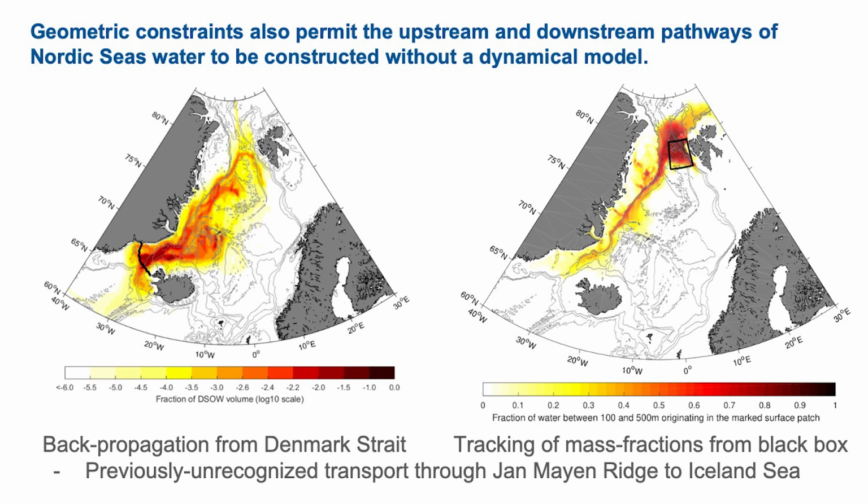There's basically an offshore pathway, offshore of Greenland. This pathway goes through a couple of fracture zones near Jan Mayen. So a connection between the Greenland Sea and Iceland Sea, which was previously unrecognized before this analysis. Consequently, Eileen has gone out on a cruise, deployed gliders in the region, and confirmed that there is significant flow. Okay, this is all great.